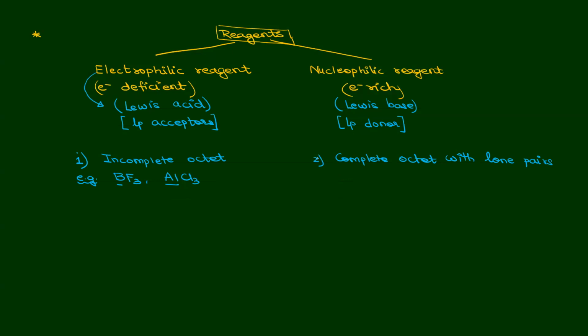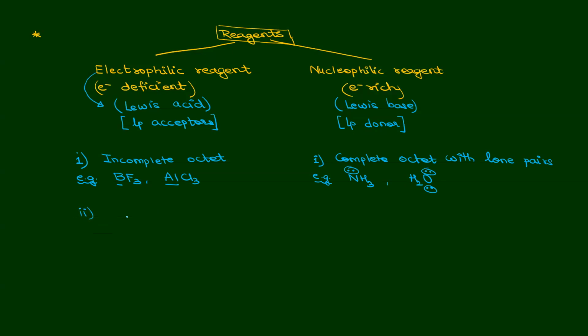On the other hand, the first examples of nucleophiles would be molecules like ammonia or water, in which the nitrogen or oxygen have the complete octet, but they have extra electrons which are not shared, called lone pairs. So they would behave as nucleophiles in organic reactions.